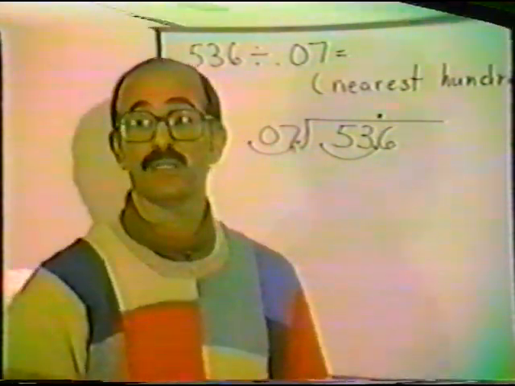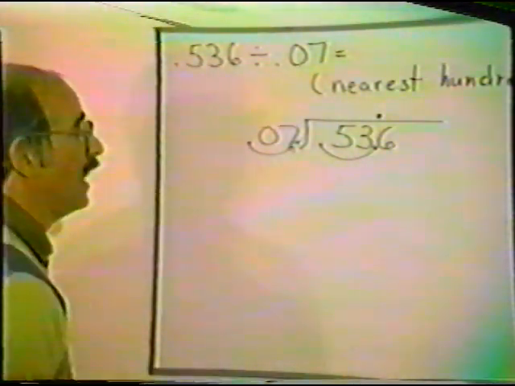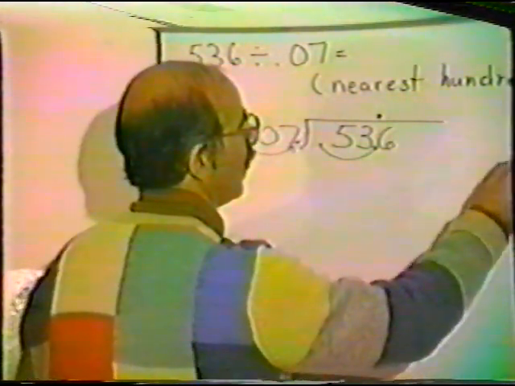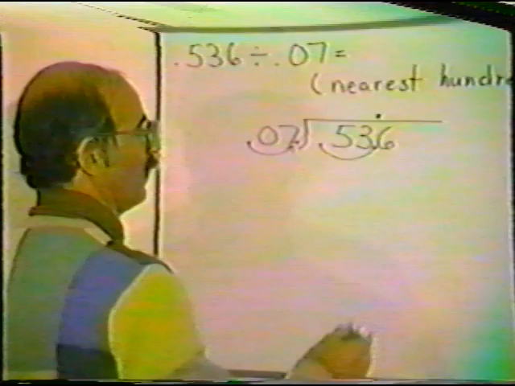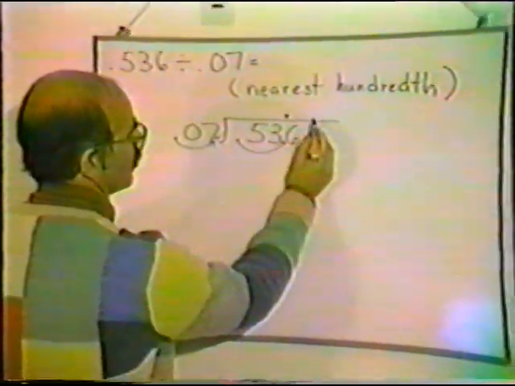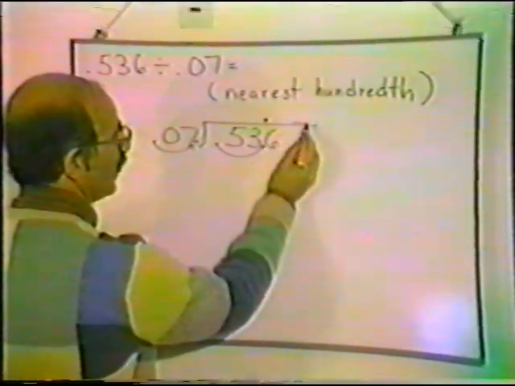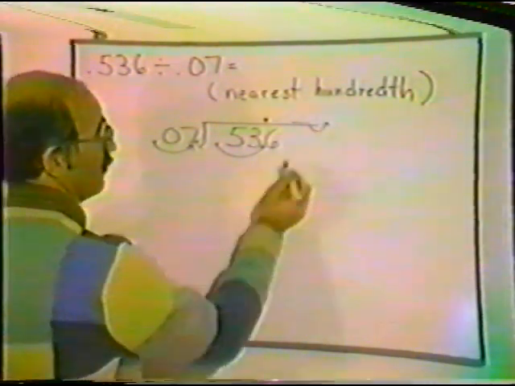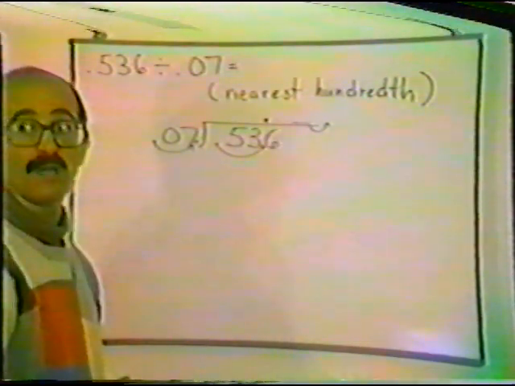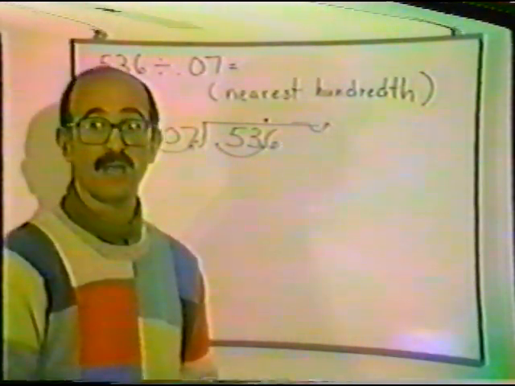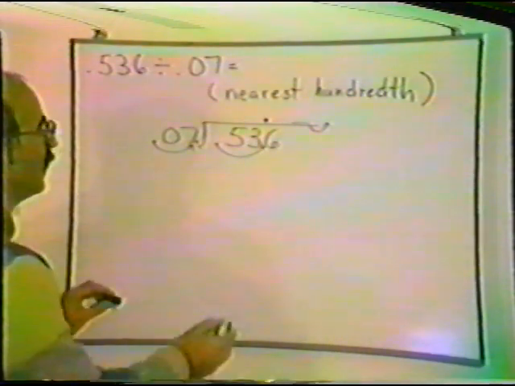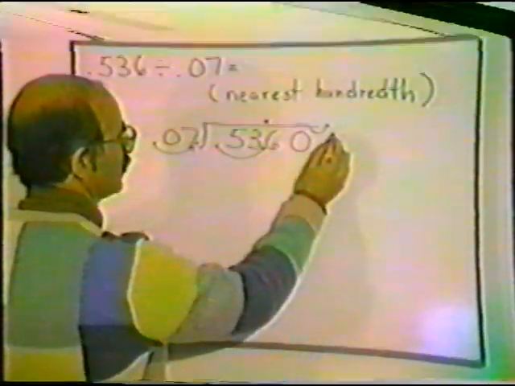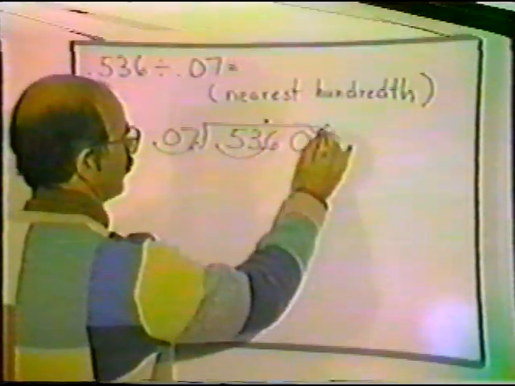Now we're told in this problem that we have to round off the answer to the nearest hundredth. Well, the 100th place in the answer is this second place, and we have to have some number to the right of that we can point to and look at to find out how to round off. So we have to add a 0 in the hundredths place and a 0 in the thousandths place.